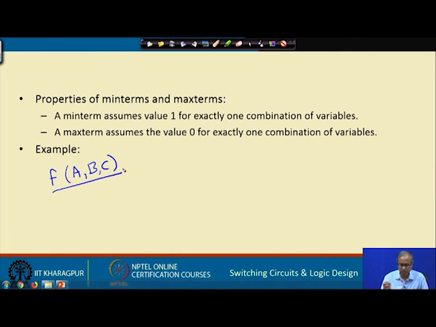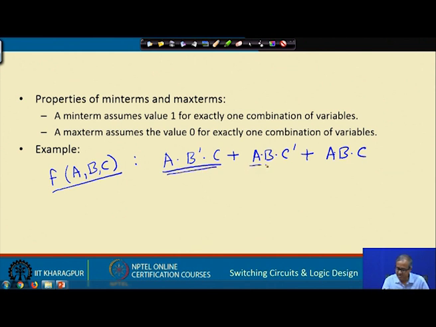Let us first look at the so called sum of products expression, where my function is a b bar c or a b c bar or a b c. According to the definition, these are min terms; there are 3 min terms.